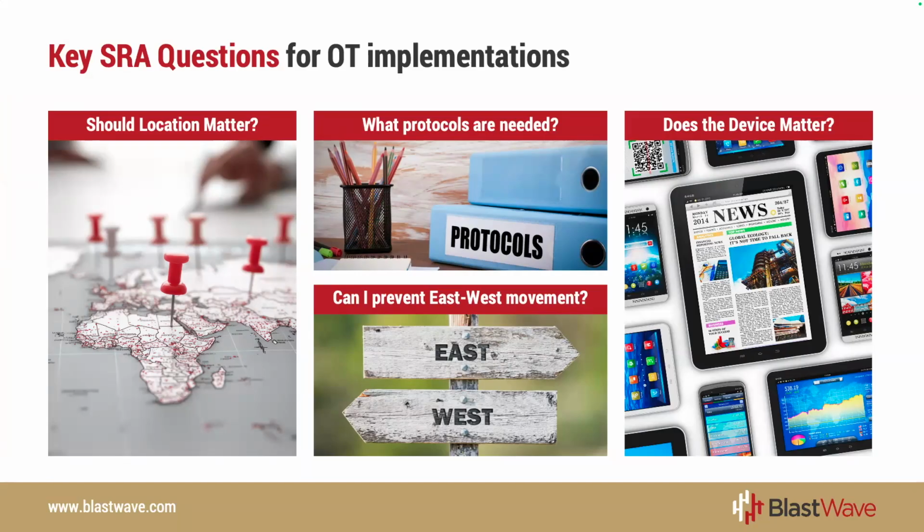And if I see someone logging in from China to manage my PLC in New Hampshire, that's probably not an authorized connection. So being able to understand where people are coming from and restrict that is important from a secure remote access perspective.